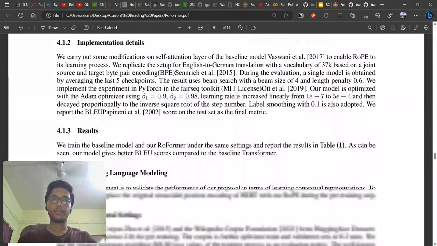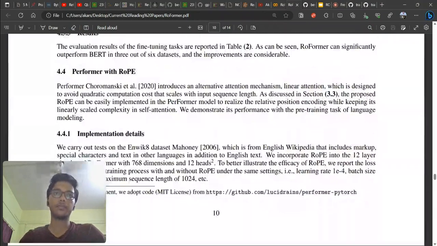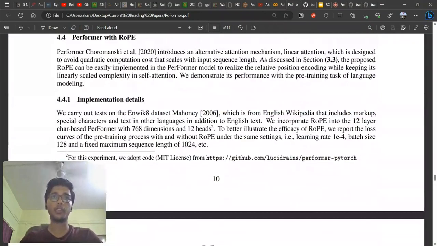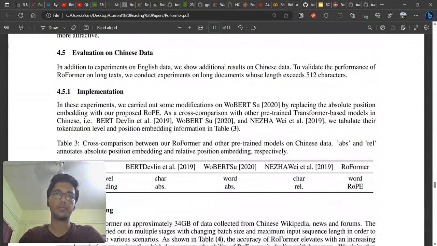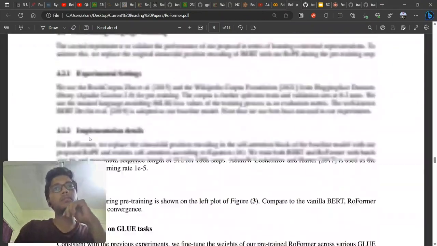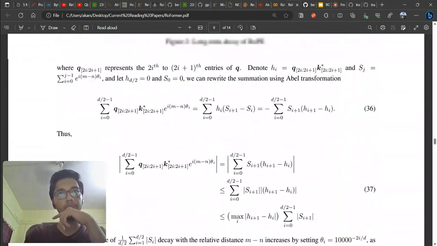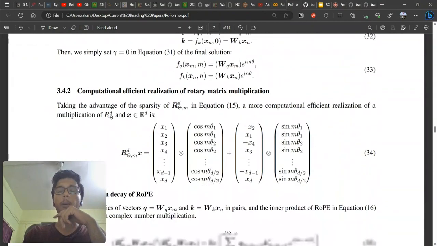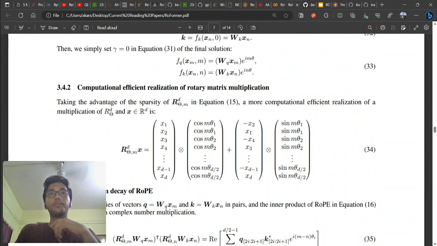So here is the thing: implementation details. The rotary function applied to a given value x can be defined as this, where this represents pointwise multiplication times this, plus this.